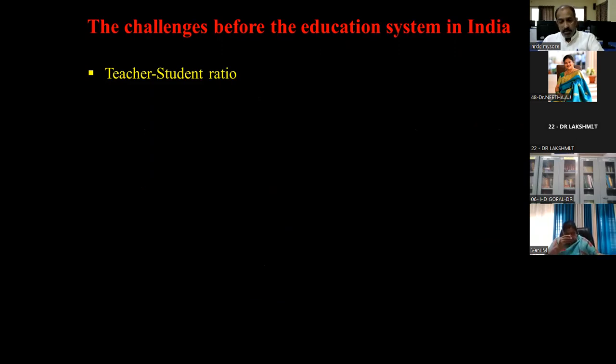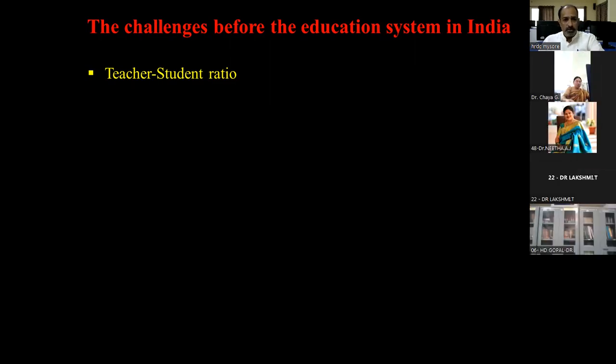Because in a class, there are 60 or 70 students. Even in a few colleges, at SSLC, or in fact in a PG degree also, for some of the courses, there are more students but fewer teachers. The teacher-student ratio is one such challenge before the education system in India.